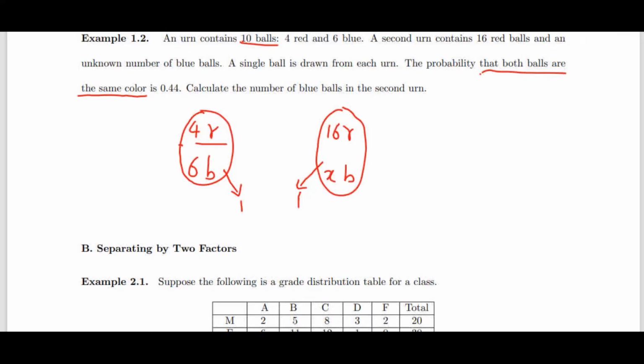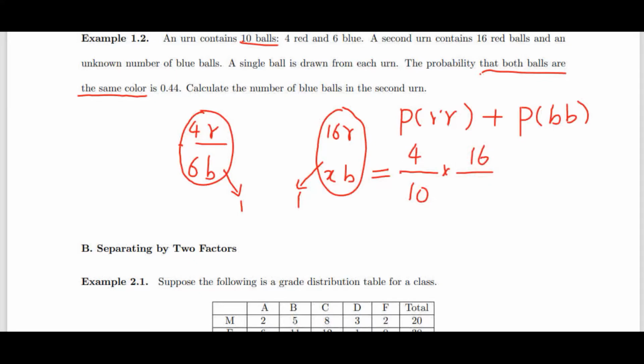So for this probability we have two cases. Both are red, or both of them are blue, right? For both red, the probability is 4 over 10, pick one, this one is red. And here the total is 16 plus x, so 16 over 16 plus x. For both blue, it is 6 over 10 times x over 16 plus x.